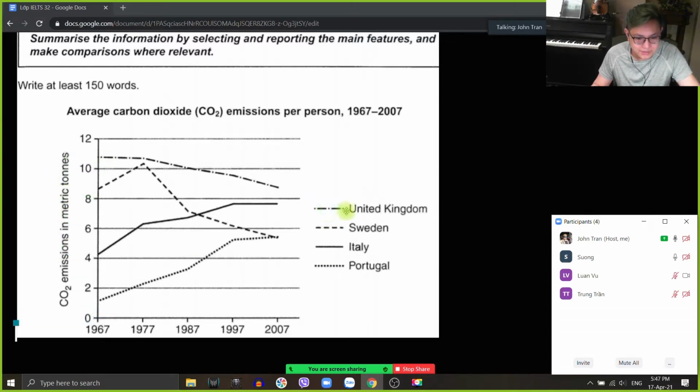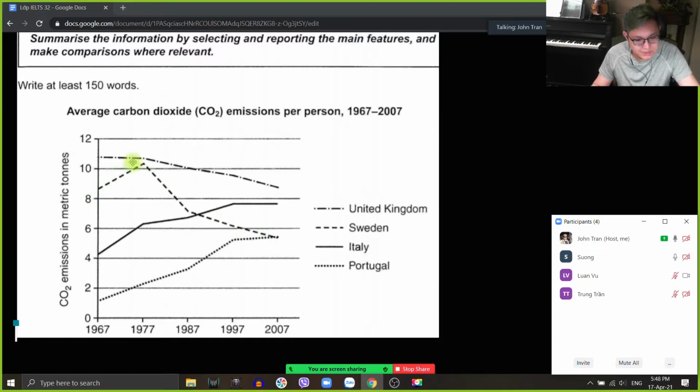But this one, look at all the lines. So, this kind of dotted uncontinuous line is United Kingdom. Cái loại đường mà có dấu chấm và nó không có liền mạch như thế này, nó là Liên hiệp Anh. This uncontinuous line is Sweden.